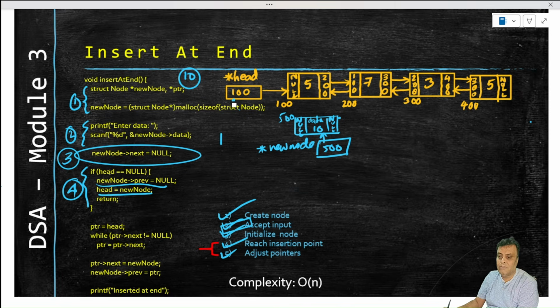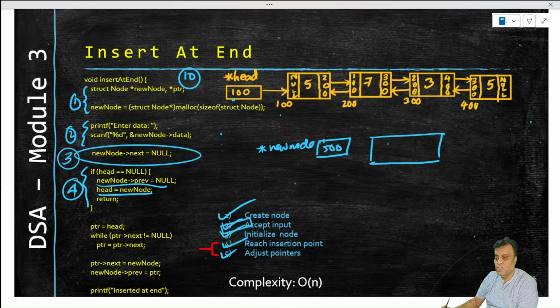So we have reverted back to the top example, right? So let me redraw this again so that we can make it from a clean slate. So we have a node. This node is what we are trying to insert, right? And we know that this will always be inserted at the end. So we have already gone through these steps 1, 2 and 3.